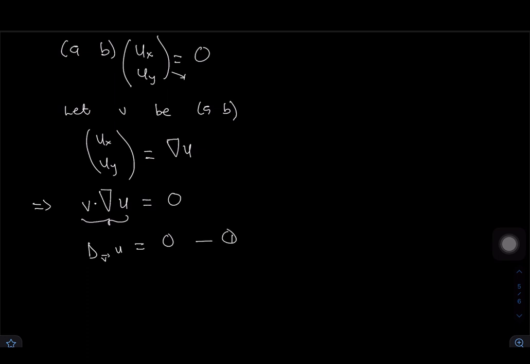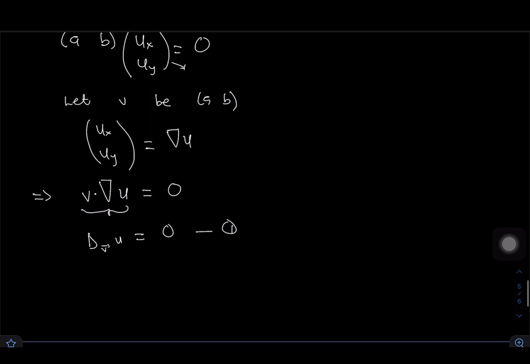So this is an equation which is very, very crucial. What does it tell us? It means that the directional derivative of u in the direction of v is 0.